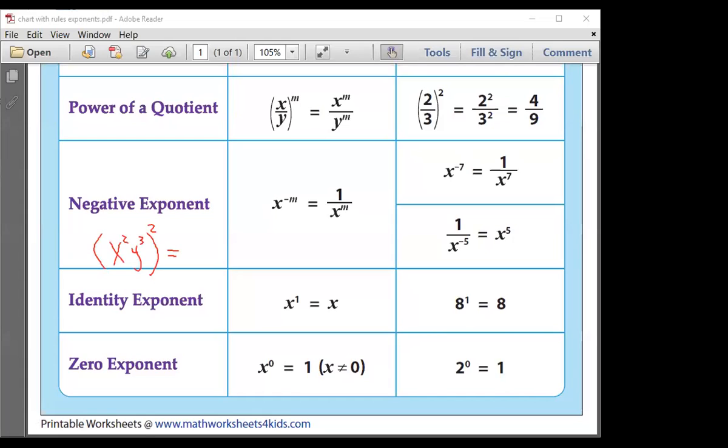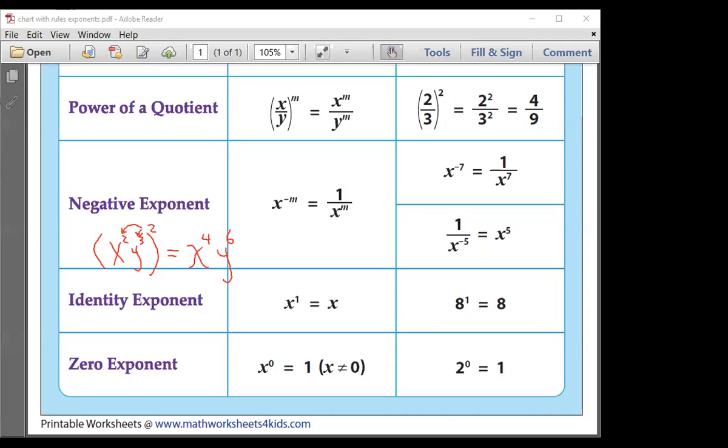I'm going to keep x, then this 2 will go by multiplication above the 2 variables. Then 2 times 2, it will be 4. Then I have y, 2 times 3 equals 6. So the answer will be x to the power of 4, y to the power of 6.